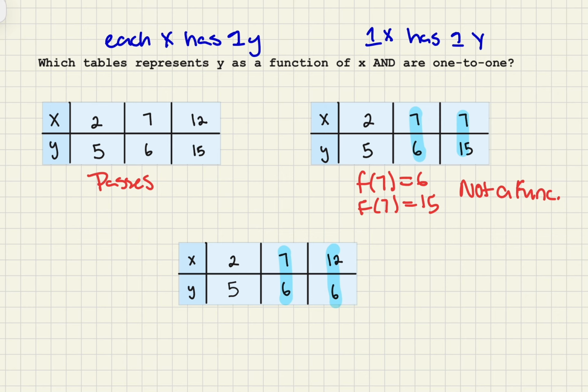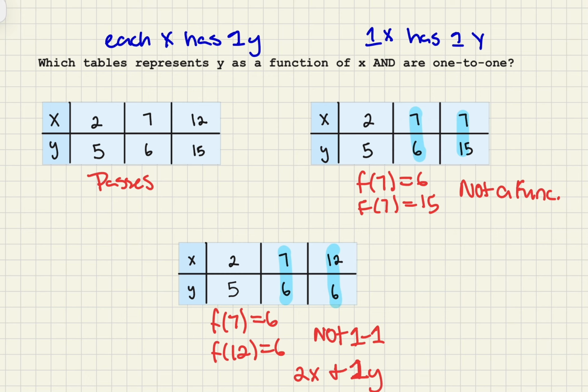So therefore, this function is not one-to-one. So this is 2 x's and 1 y. So not one-to-one.